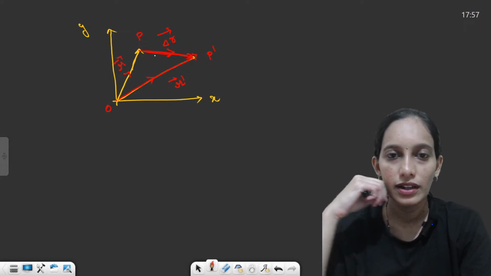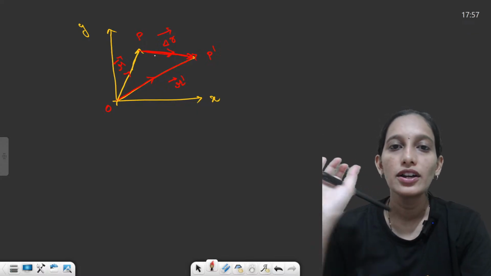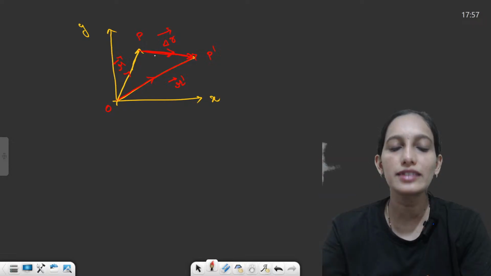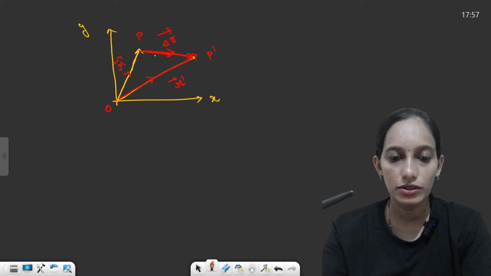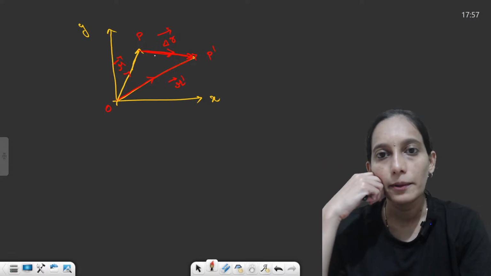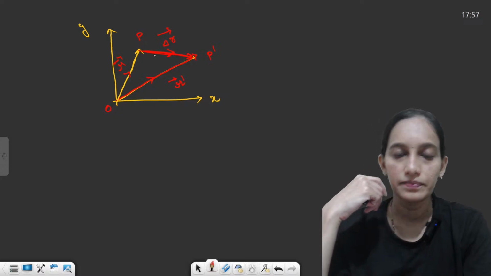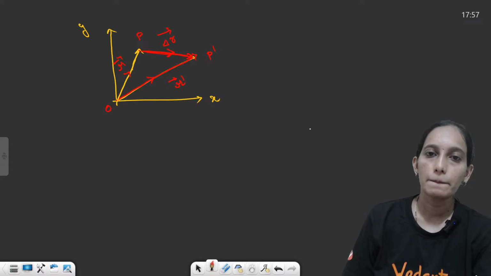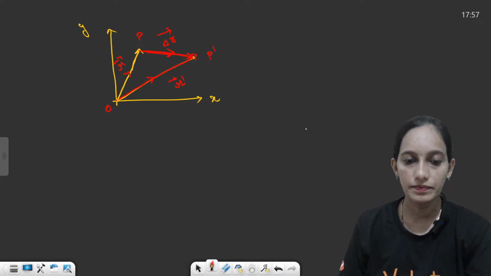Simple question. You will use this everywhere next. You should know how to write displacement vectors or delta r, delta v, delta a, all those things. So please let me know how I can write delta r by using the triangular law of vector addition. Can someone tell me?